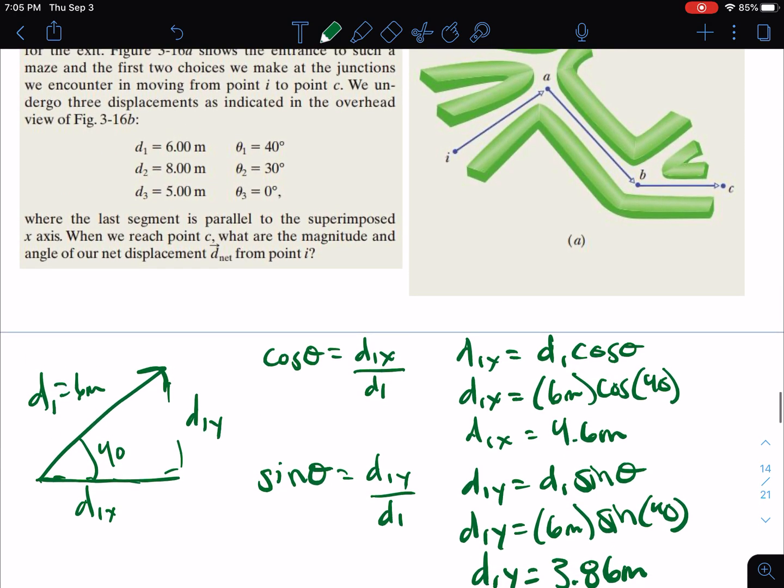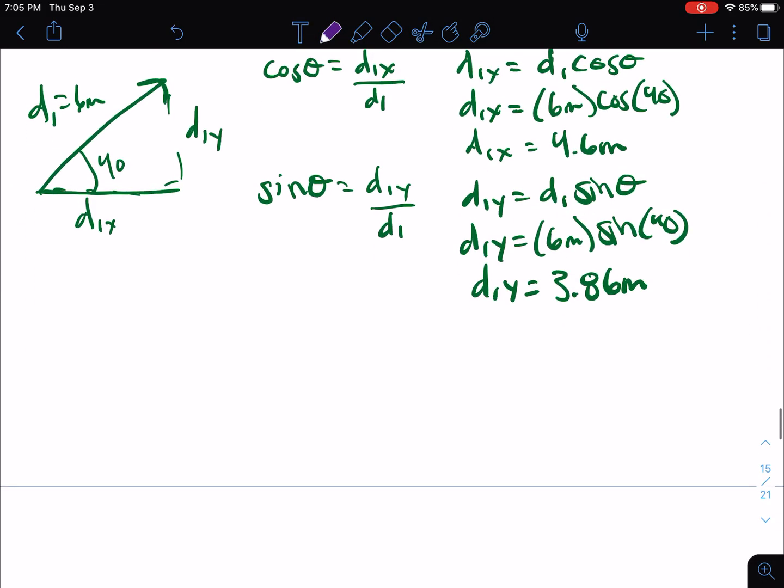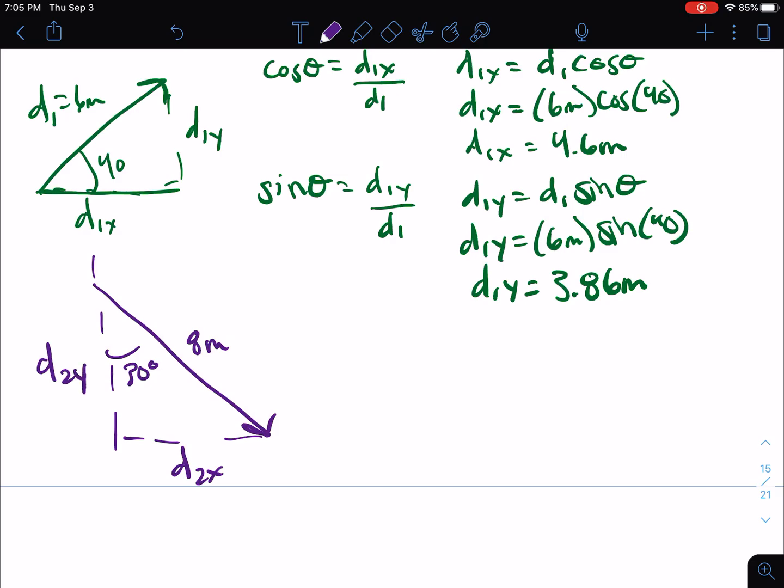Our second displacement, let's use purple. Second displacement, we have D2 is 8 meters. And then the angle they give us is this 30 degrees here. So this will be our D2x and our D2y. So same thing, solving for D2x, that's the opposite this time.